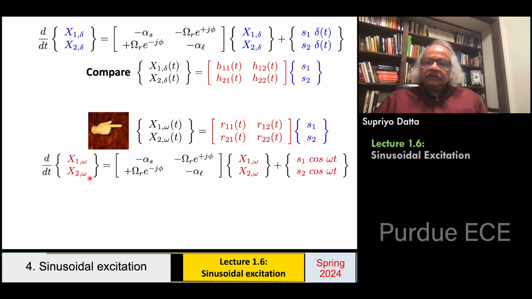Just as we had this impulse response H matrix, H11, H12, H21, and H22, now you could define R11, R12, R21, and R22, something that relates the amplitudes of these sources, S1 and S2, to the actual response that you get. Last lecture, we already found this H matrix. Our job now is to find the R matrix.